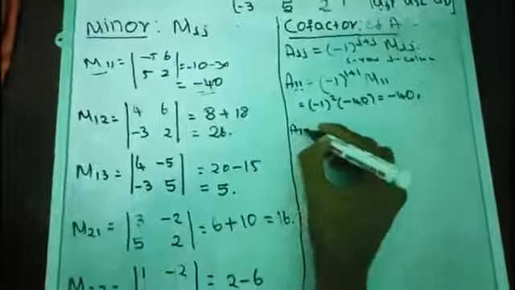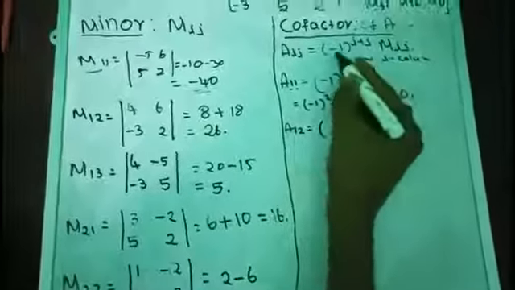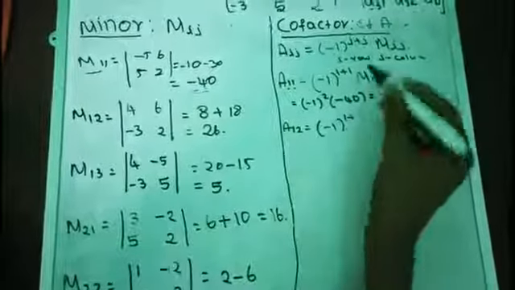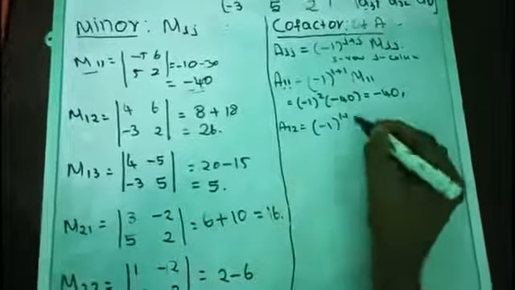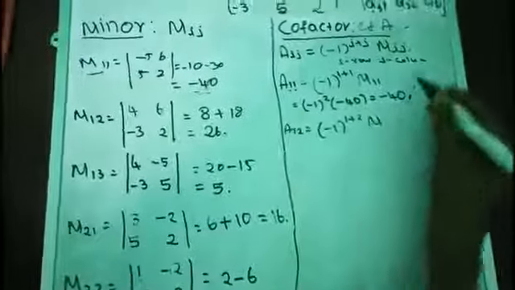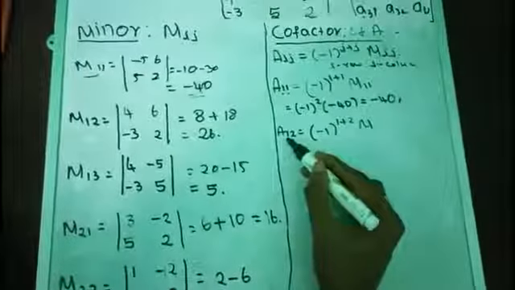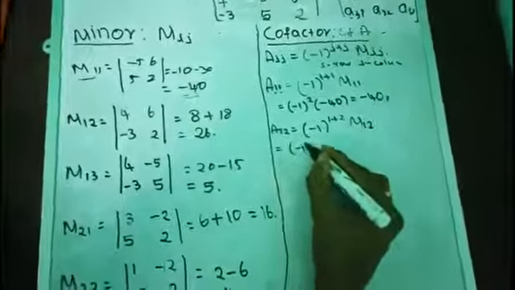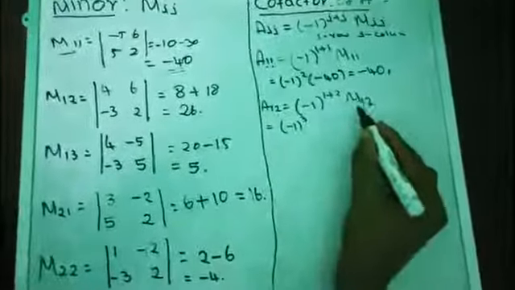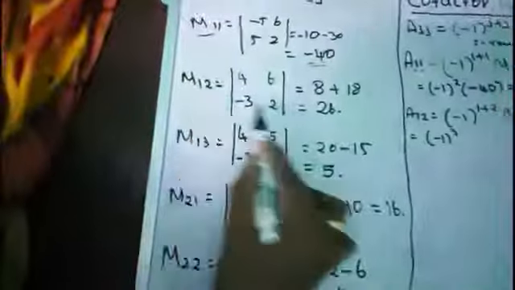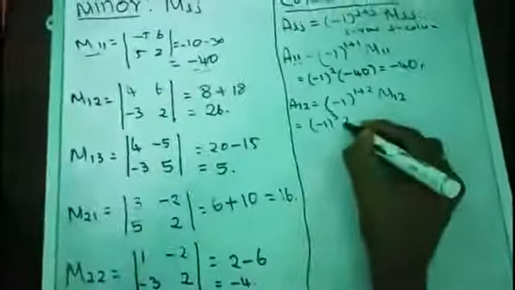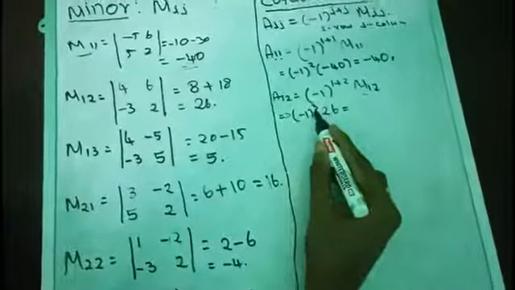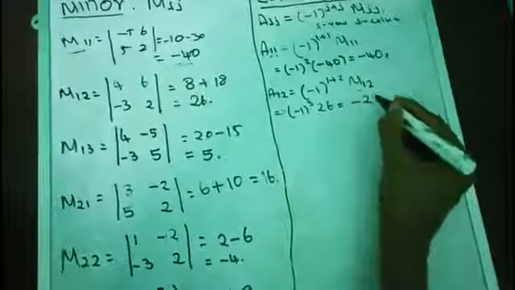Same thing, A12. So formula minus 1 power i plus j. What is the value of i? 1. What is the value of j? 2. Is equal to minus 1 cube. What is the value of M12? M12 value is 26. So negative power odd number will be negative, and just 26.